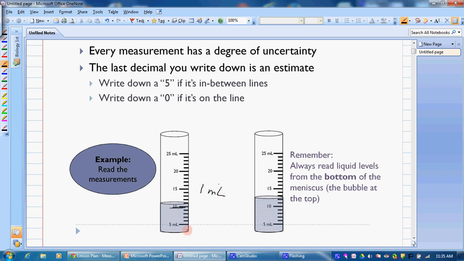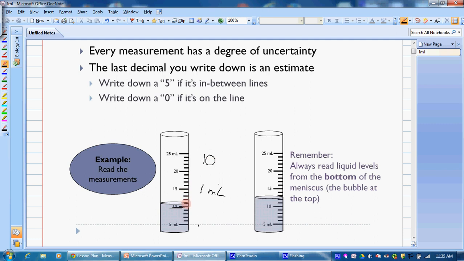Now we write down the certain digits. You always read from the bottom of the meniscus, and it looks like it's slightly underneath the line, just a little bit. So we write down that we have 10 milliliters for certain, and then we estimate.